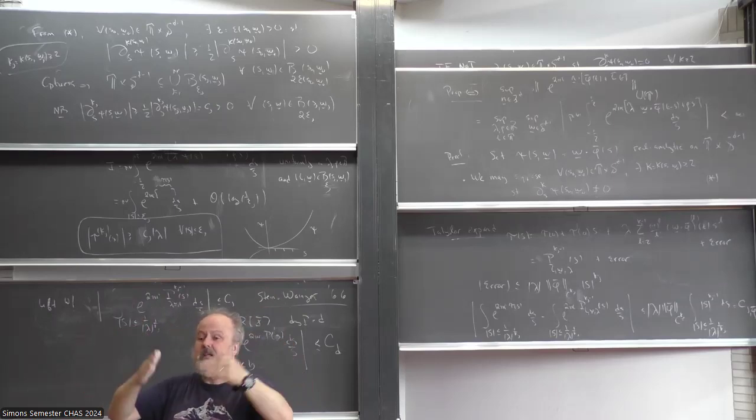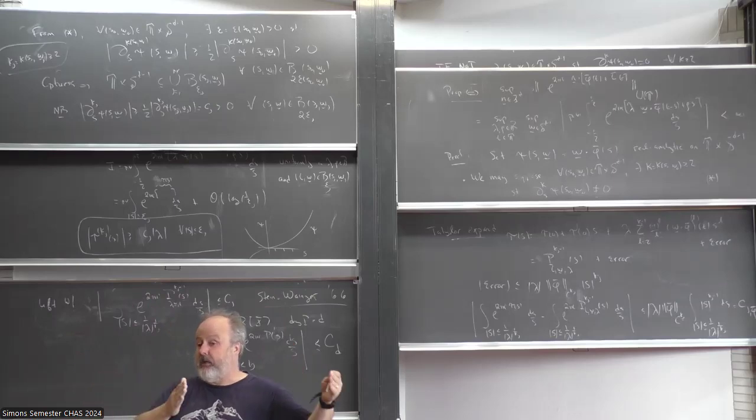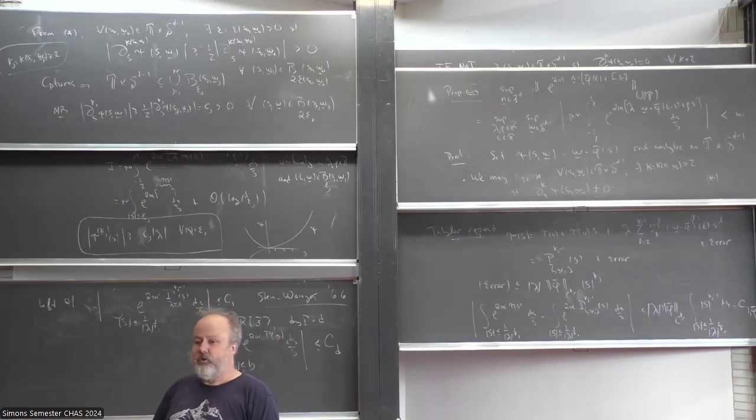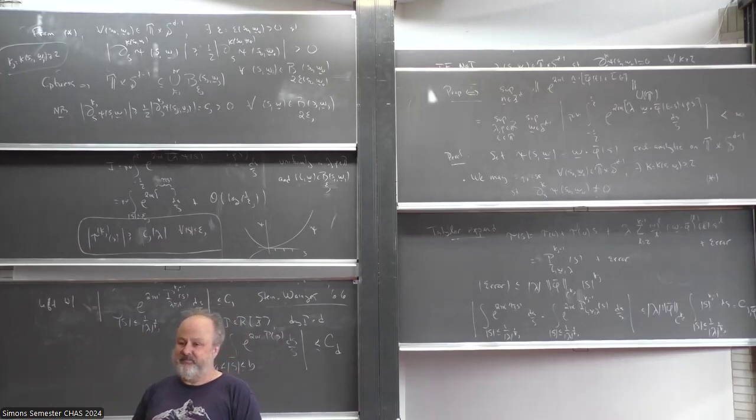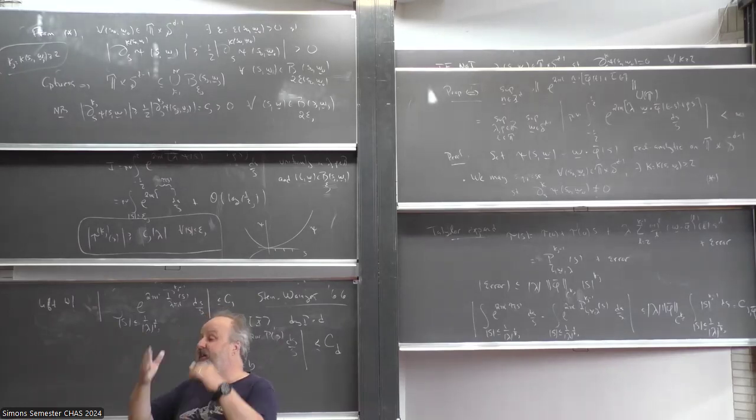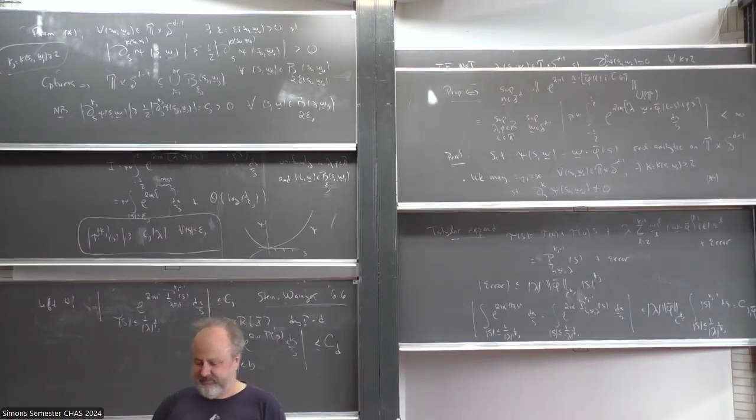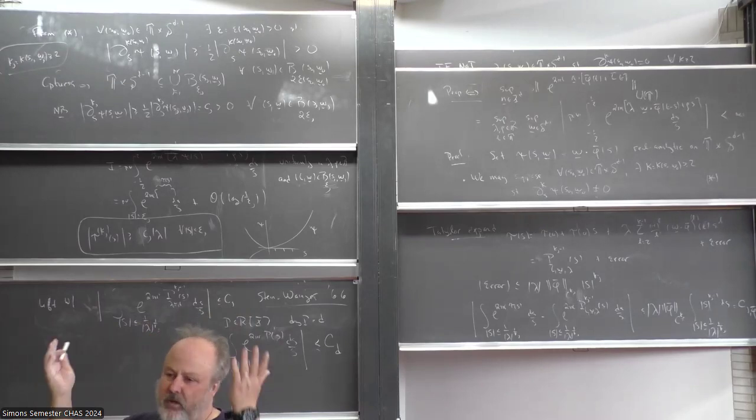They didn't know that. They just happened to be looking at the wrong place in Zygmund's book. That's a story I was told by those guys. This is why their argument was much more complicated. But if they had known, they would have had this very simple argument.